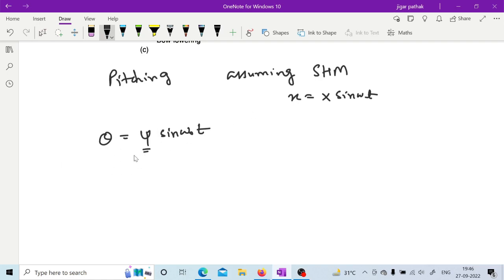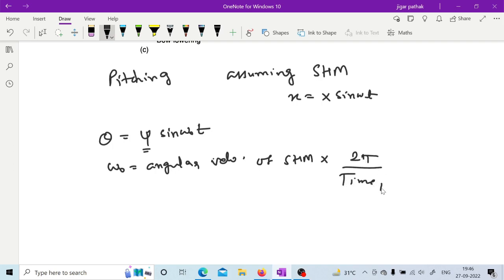Similarly, this omega 0 is the angular velocity of SHM, that is 2 pi by whatever time period you are having. This is how you can have the displacement in case of the pitching motion.